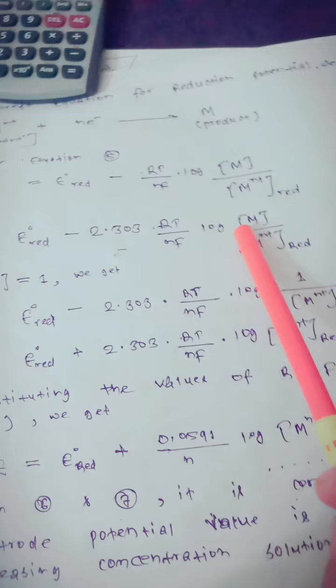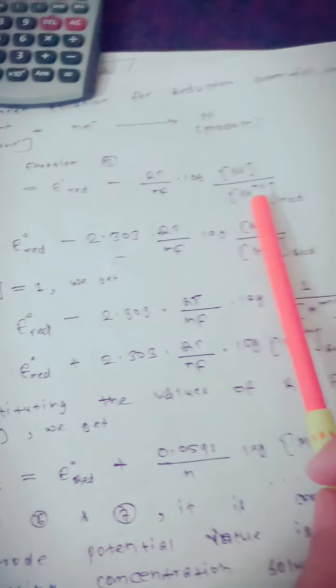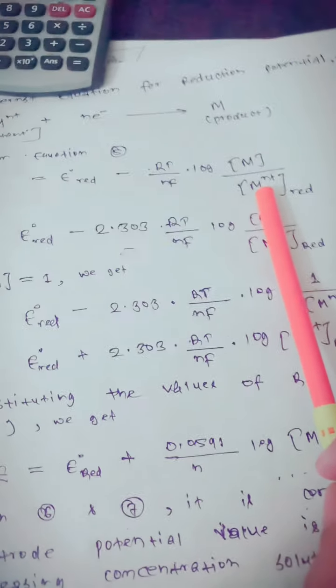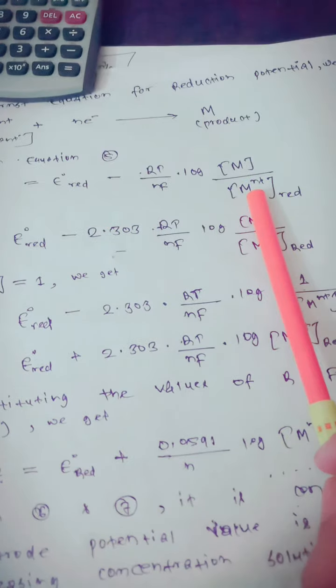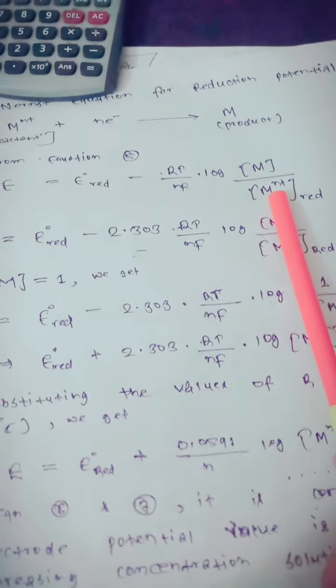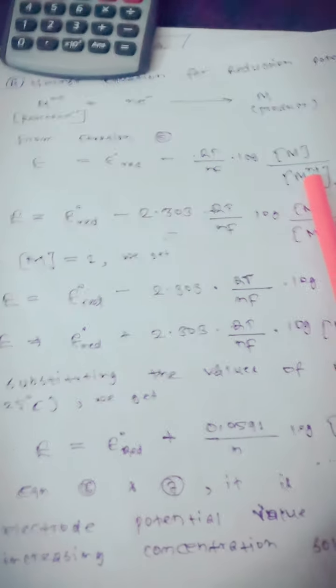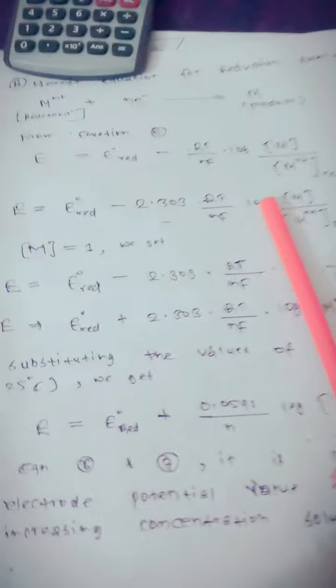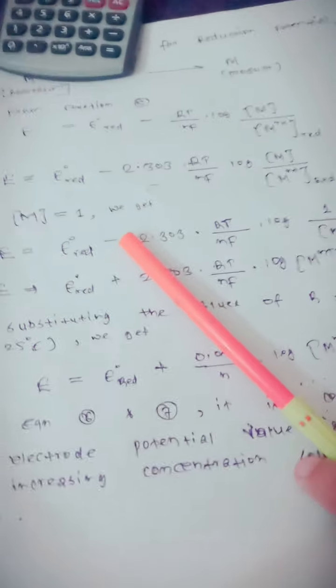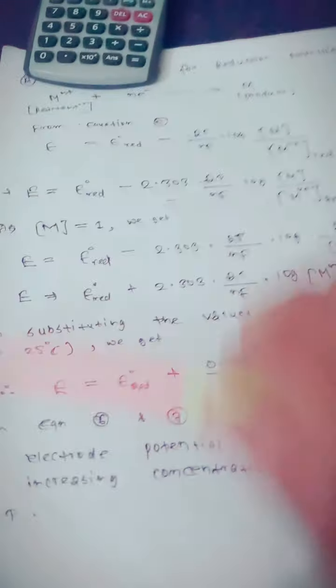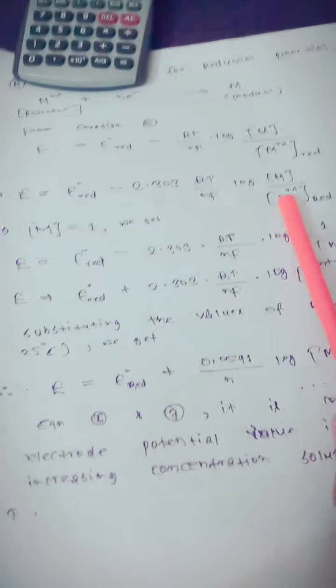Just opposite. But here I am doing for the reduction potential. M power n plus is reduction, so it is reducing. So it is reduction, and the electrode is gaining electrons here.